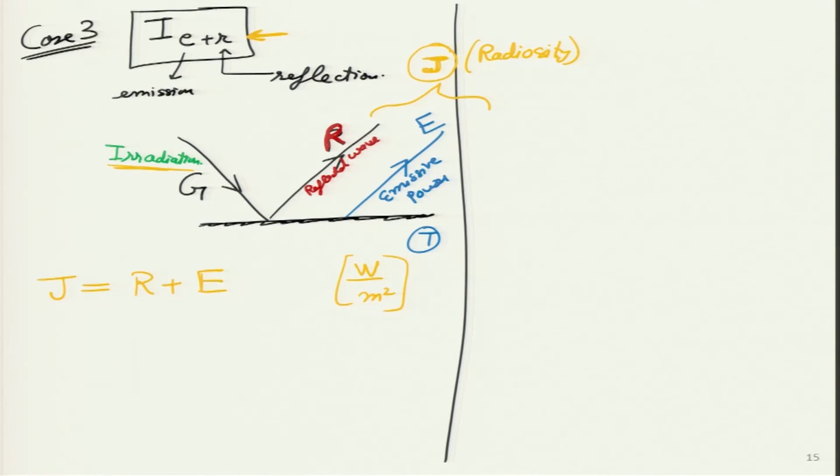In this case there is no G, there is no R, only whatever E is there, and that is equivalent to J. So, if you go back to the slide, G is 0, R is 0, which means J is equal to E. In other words, radiosity is simply equal to emissive power.